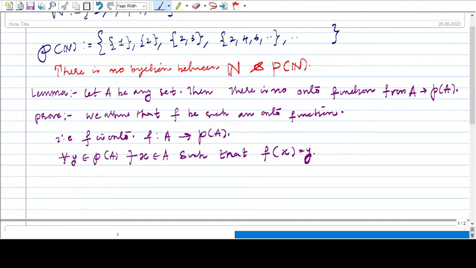So for every element in the codomain, that means P(A), I will have a pre-image in the set A. That's what I have assumed here.